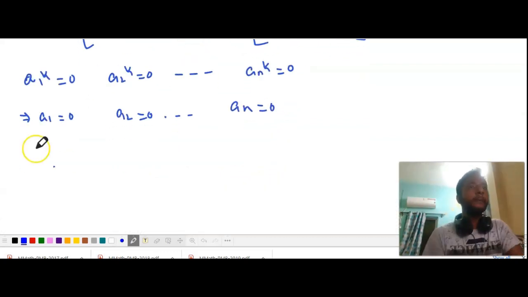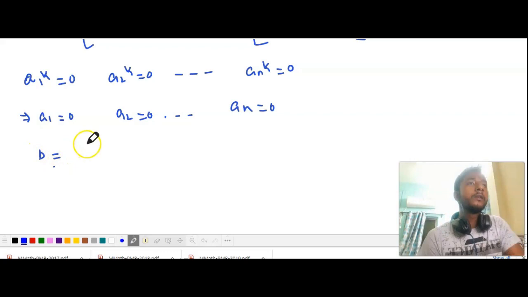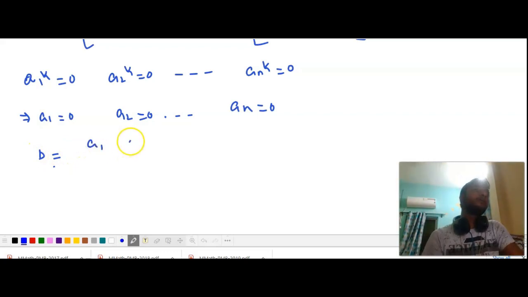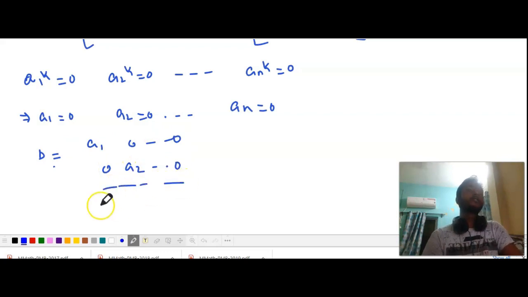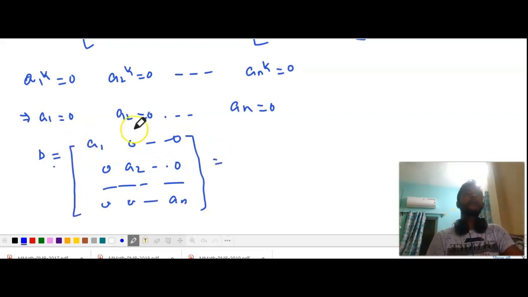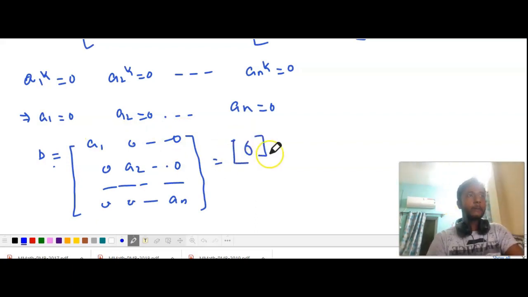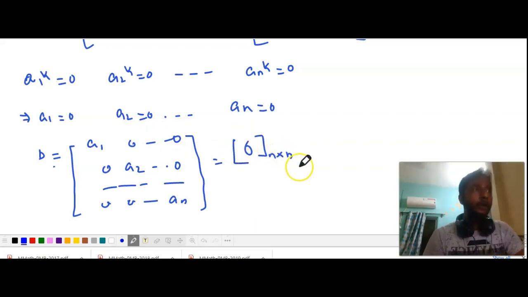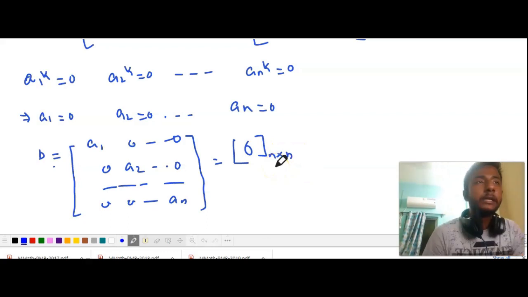So the matrix D is the diagonal matrix with entries a1, a2, up to an. Now we get the values of a1, a2, up to an, so we get D as a zero matrix of order n cross n.